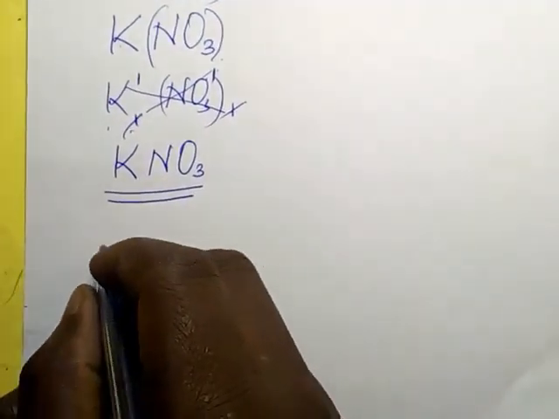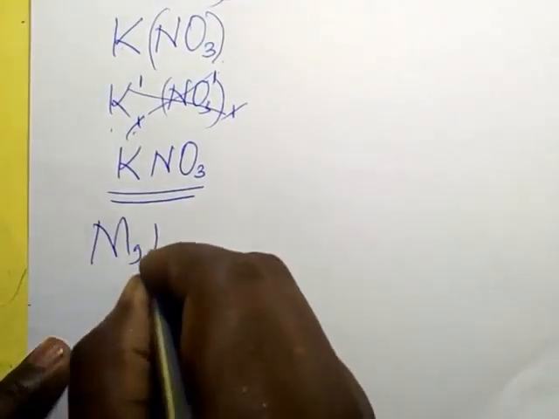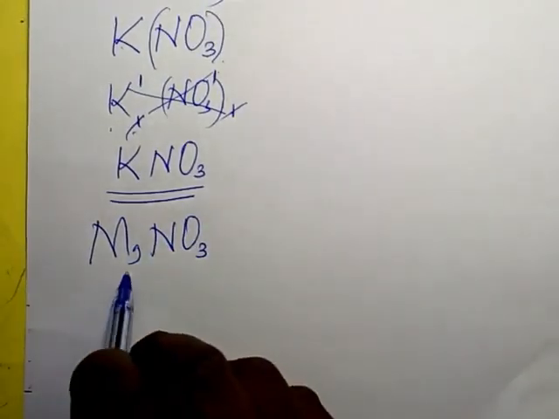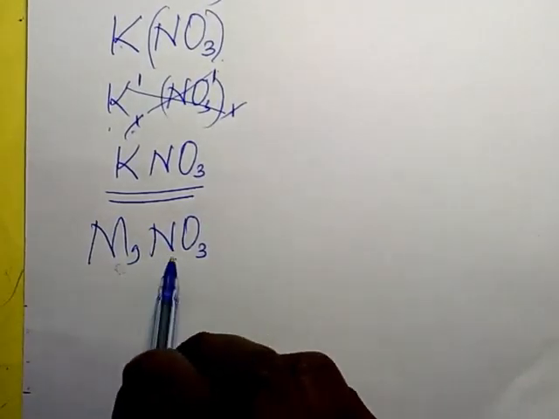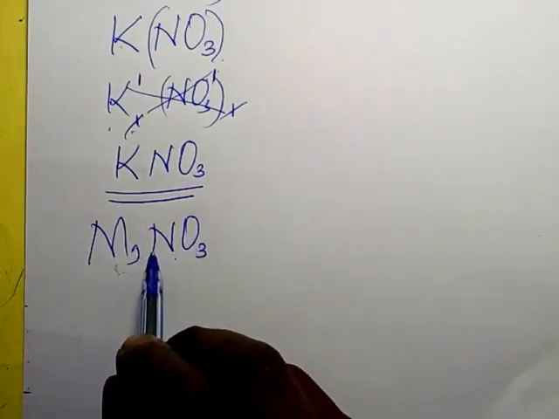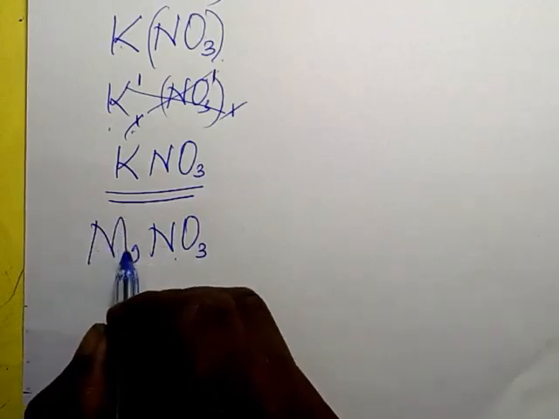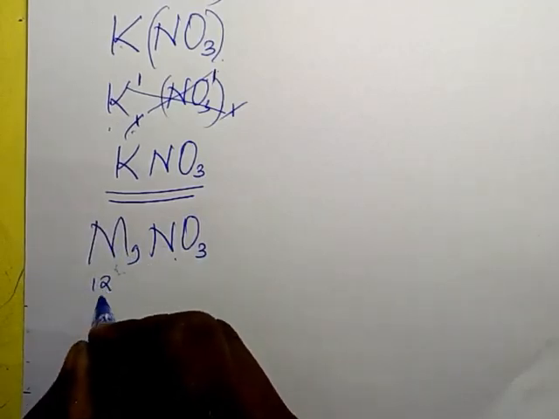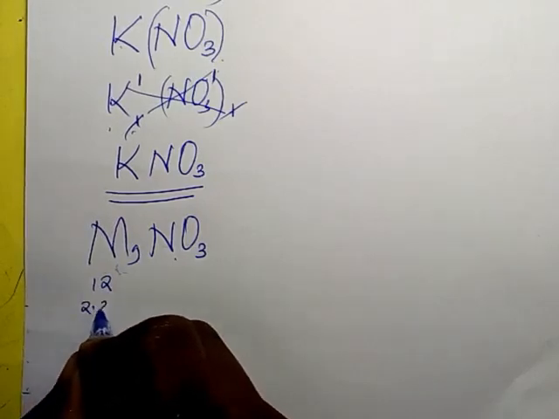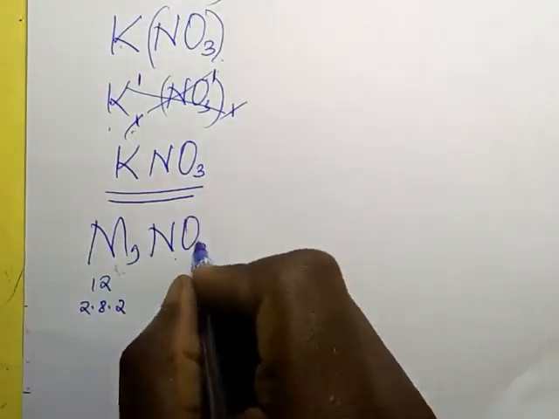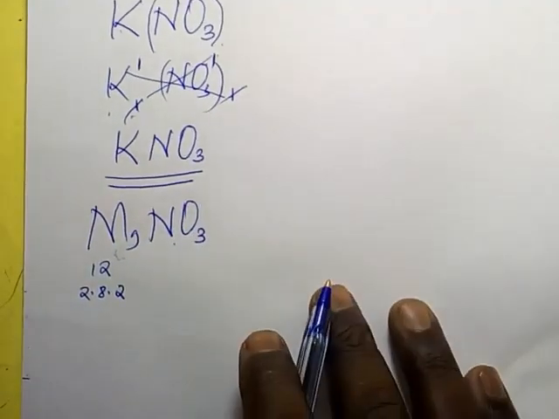But if it is magnesium nitrate, so if you write magnesium nitrate like this and leave it like that, you will be wrong. You have not considered the valence electrons of each of them. Magnesium is atomic number 12. So electron configuration 2, 8, 2. And nitrate has a valence of 1. That one you must master.